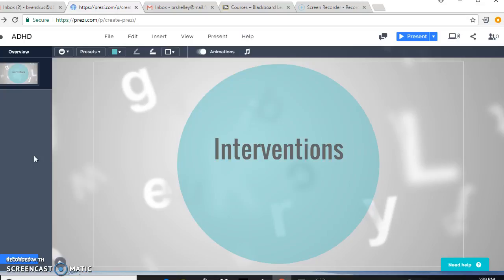Seating arrangements is another intervention with ADHD students. Put them close to the teaching, so put them up front, put them next to the desk. It'll help. Also, make sure that you have desks that you can move for ADHD students. They need their own desk.